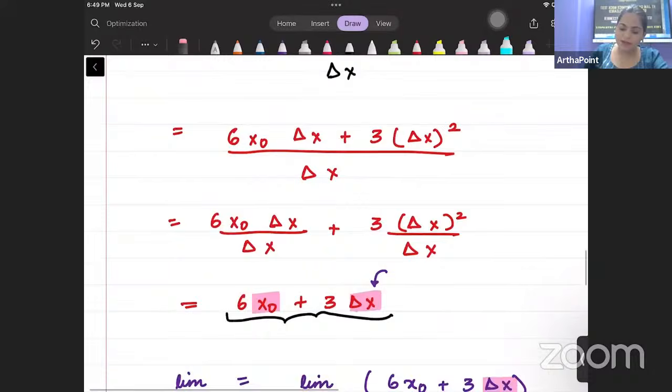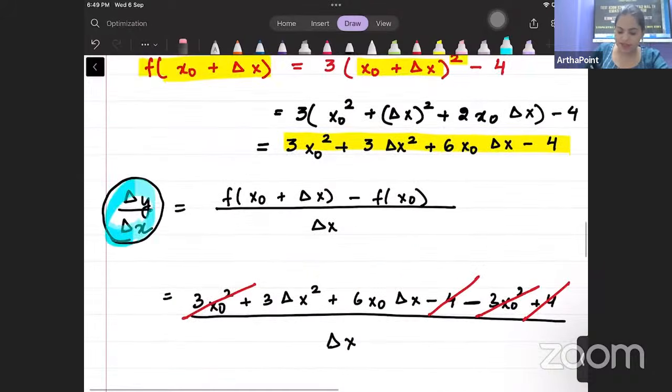तो बेटा जब हमने change in y by change in x निकाला था, इसका हमने क्या term बोला? We called this as the average rate of change.